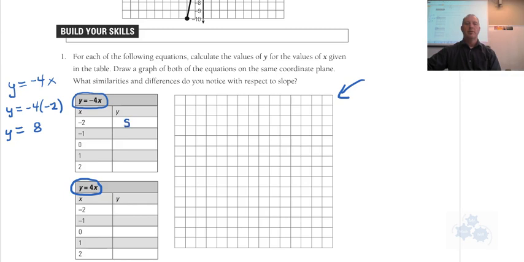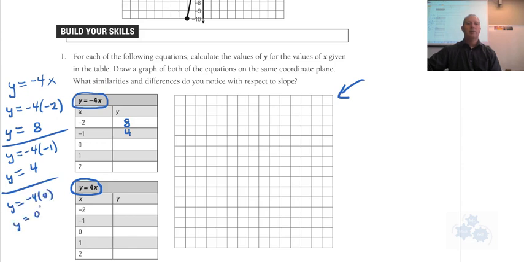So +8 goes there. Awesome. Okay, so let's do the next one. Y equals -4 times -1. So what's the y value when we multiply those two now? 4. Very good, +4. Awesome. Okay, next one, y equals -4 times 0. Y is 0. Okay, so this is a direct relation, right? So 0 is going to go with 0.